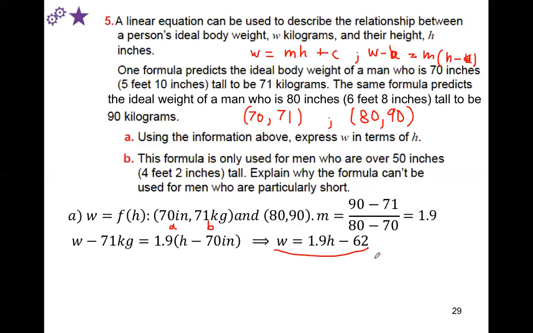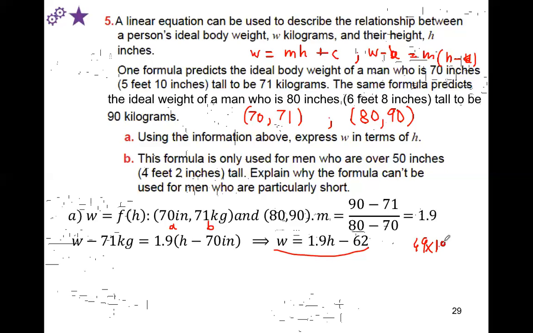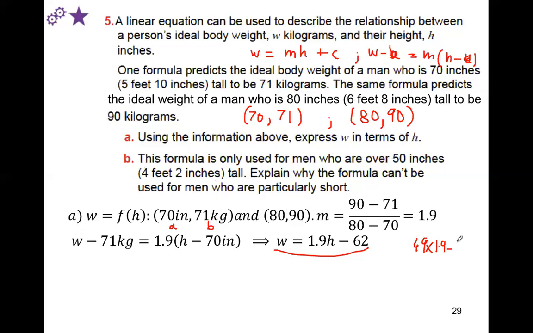So what happens if you do 49 times 1.9 minus 62? What do you get as an answer? Sorry, I've done it by 1.6.